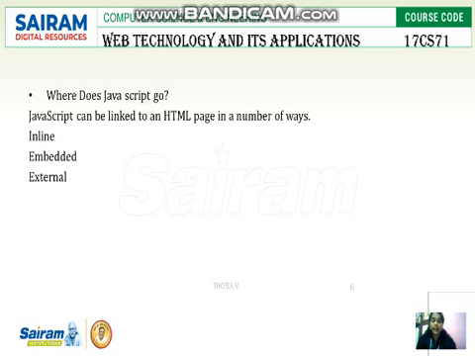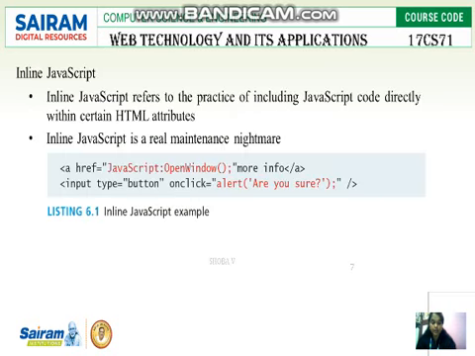And embedded, we can use in four ways, like through script tags, through the src attribute, and through the JavaScript protocol, all those things. And external, using a single code, we can embed it in many web pages. And in external we don't have script tags too.